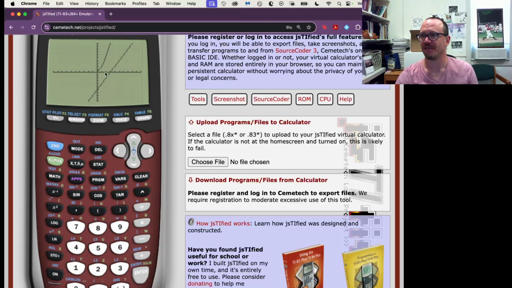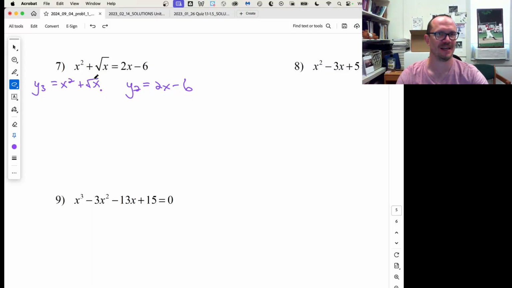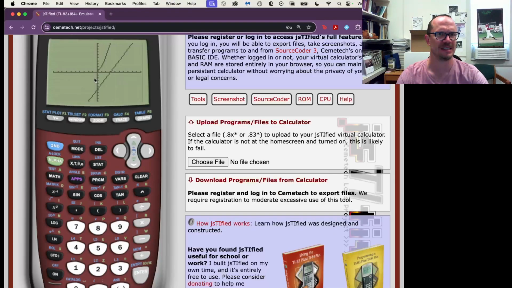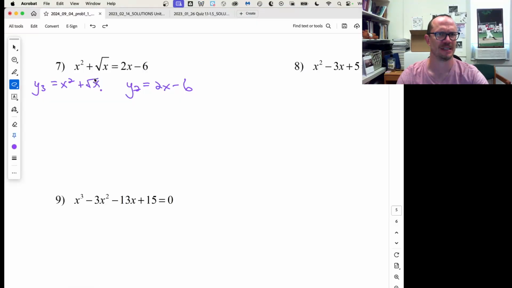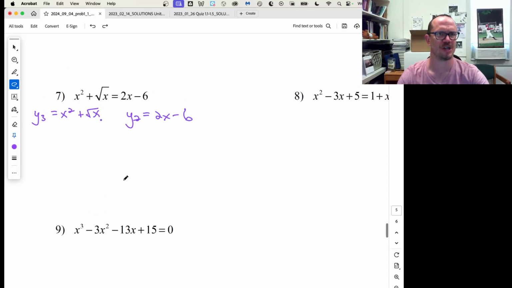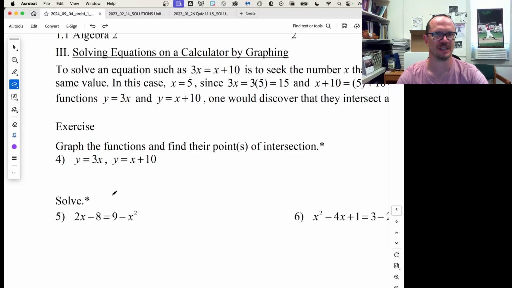This graph has on it no apparent intersection points. So I think I did something wrong. Let's look at it. 2x minus 6, x squared plus root x. Maybe that's intentional. Let's see what the question says.